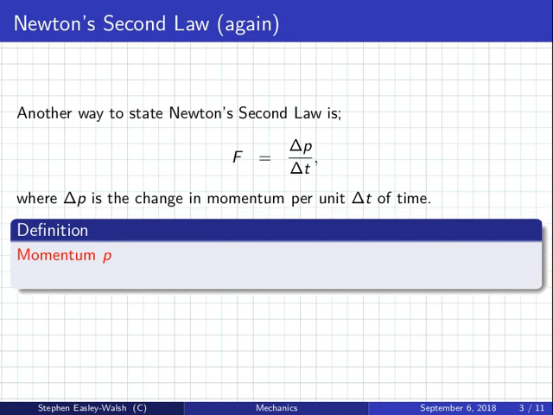All right. Momentum is the product of mass and velocity. That is m times v. That's what momentum is. This is a new word. Have you seen this formula before?